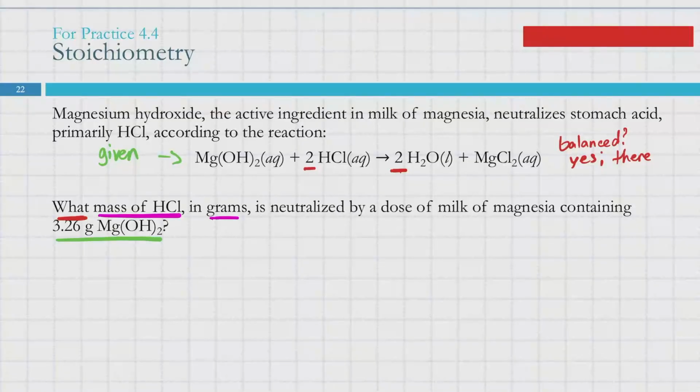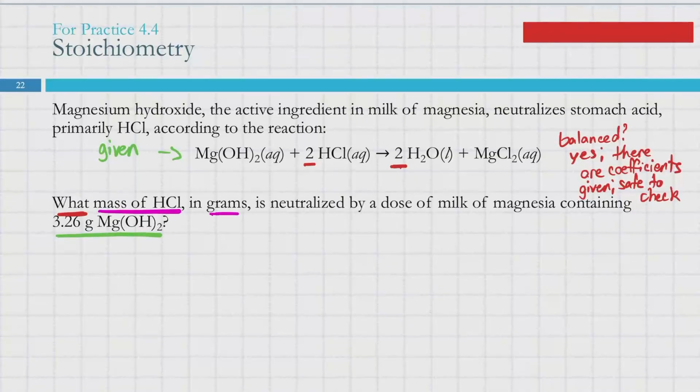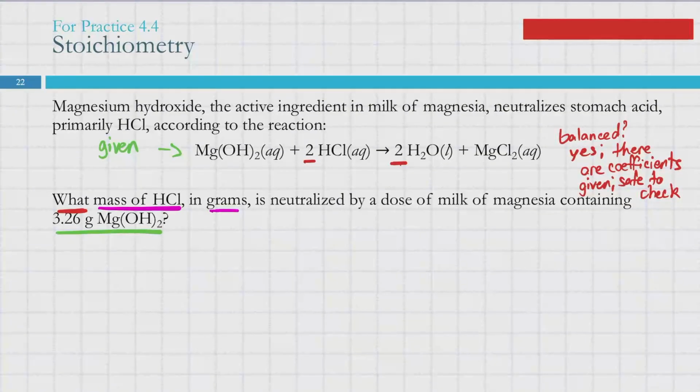Always good to check. But if there are coefficients given to you, it's almost definitely balanced. It's still always safe to check. It's possible that somebody screwed up. If you're reading something in the wild in a journal, it's possible that they screwed up their balanced chemical equation. Unlikely, but possible. So we don't have to do any balancing. That's awesome for us.